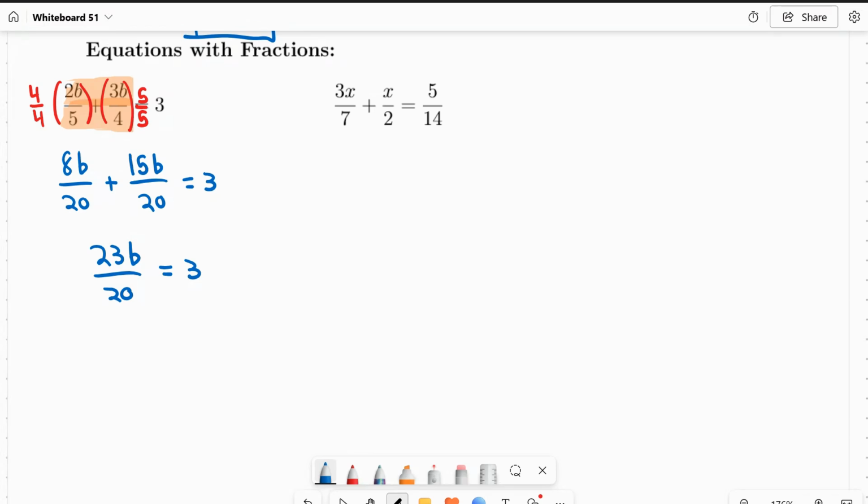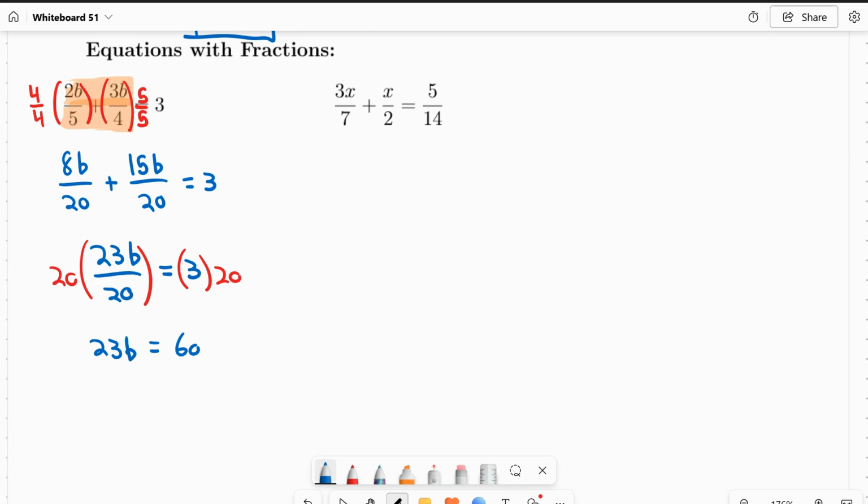So like we talked about previously, when we're working with fractions, typically we want to multiply by the denominator to undo the fraction. So I'm going to go ahead and multiply my denominator of 20 to both sides. This will cancel out my fraction, giving me 23b equals 3 times 20, which is 60.